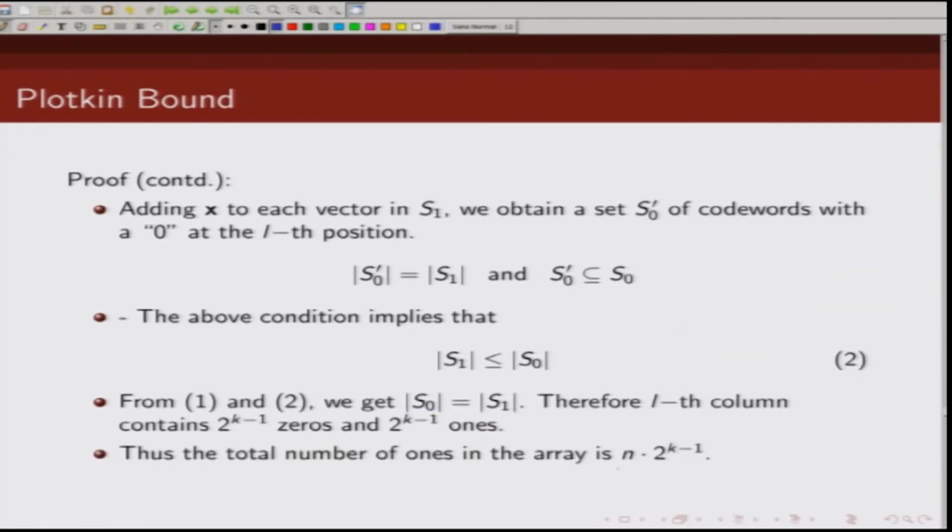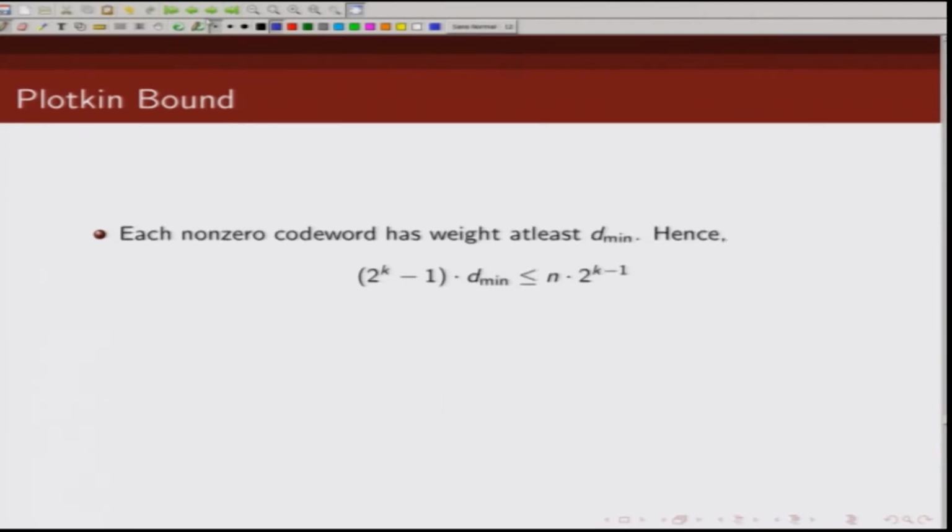So, what we have shown so far is that the number of ones in this array is n into 2 raised power k minus 1. Now, what was this array made of? This array consists of 2^k code words. Out of those, one of them will be an all 0 code word, because we are talking about linear codes.